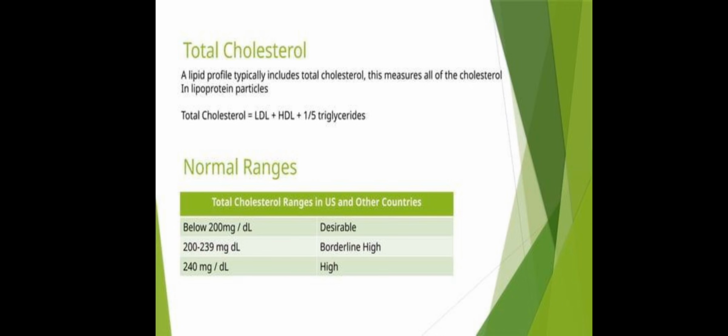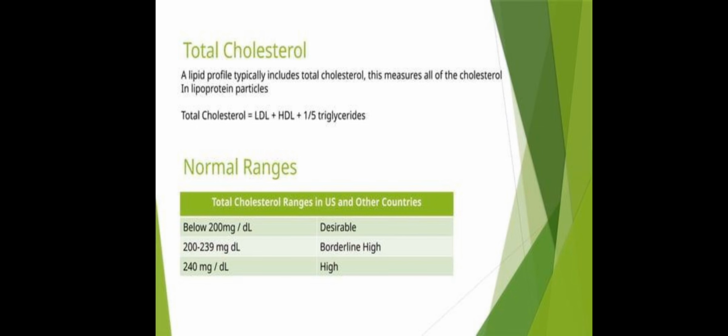First one, total cholesterol. A lipid profile typically includes total cholesterol. This measures all of the cholesterol in lipoprotein particles. Total cholesterol is equal to LDL, low density lipoprotein, plus HDL, high density lipoprotein, plus one-fifth of triglycerides.